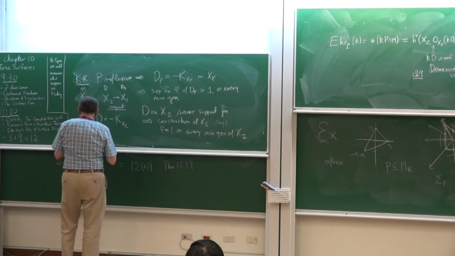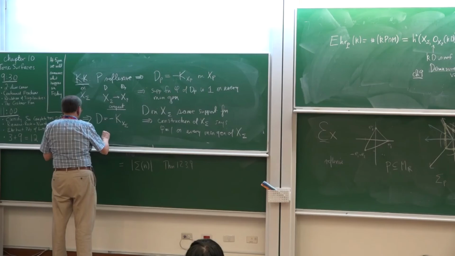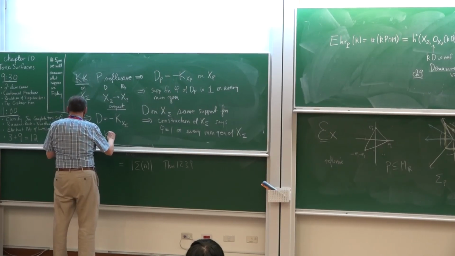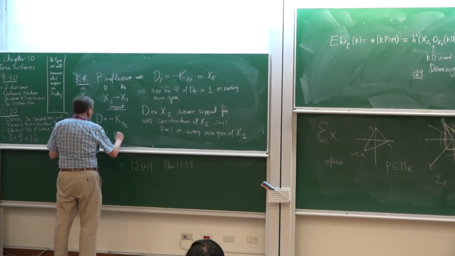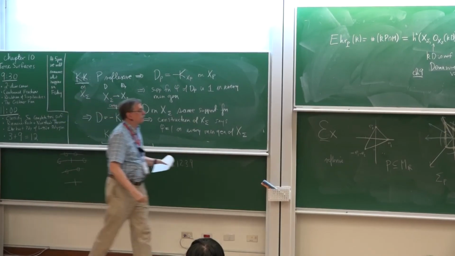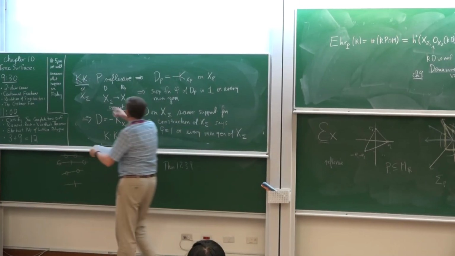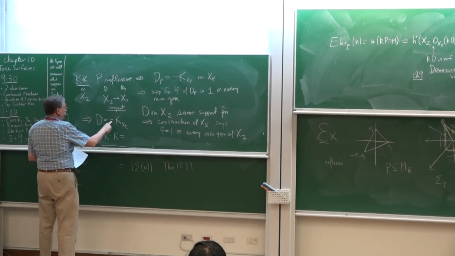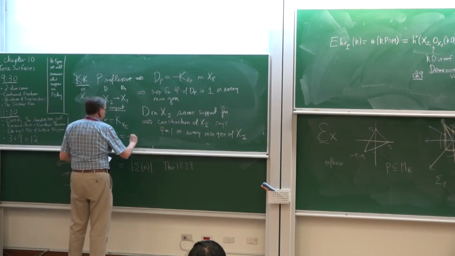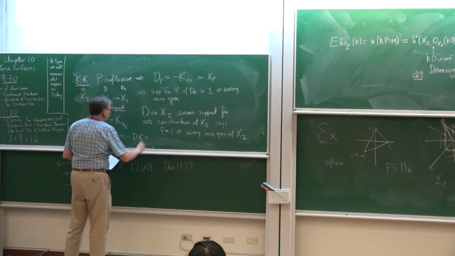But then what do we get? We get that k dot k. So now we're going to use what we learned about the Ehrhart polynomial. So what's k dot k? Because remember, that's what we're trying to compute. Well, k is this, and so that's minus D dot k.